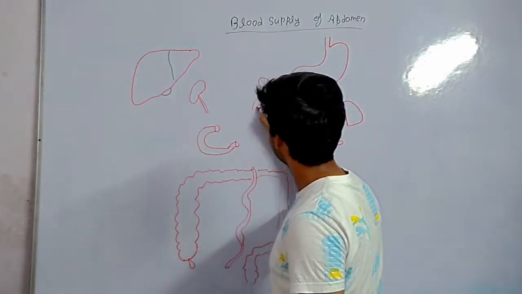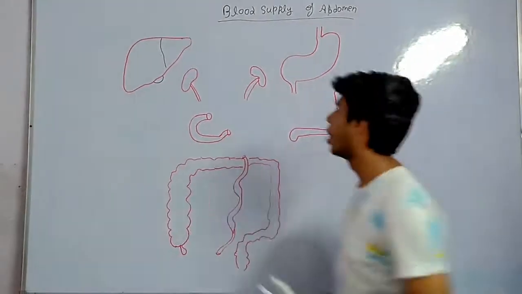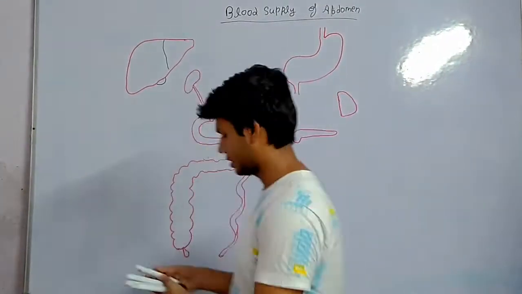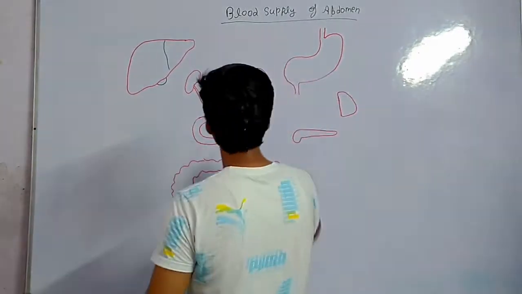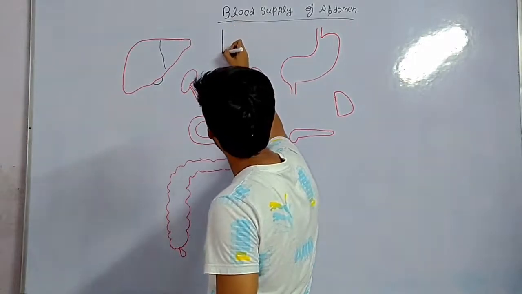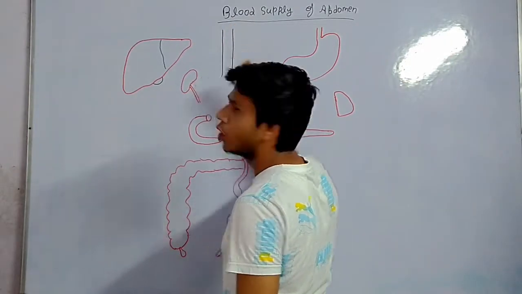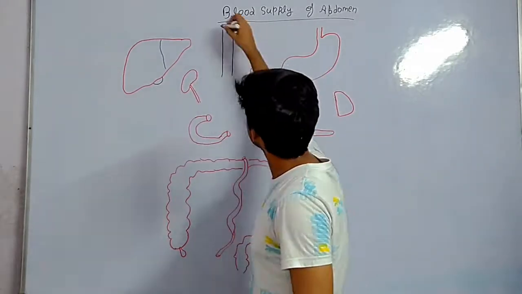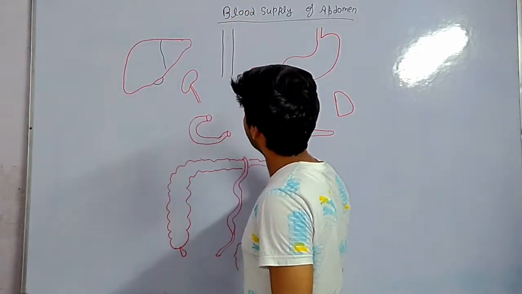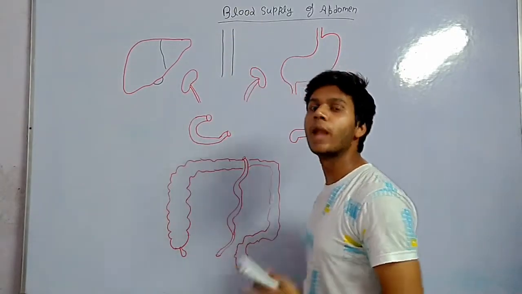So basically these are the organs of the abdomen, and now the blood supply will start. First, in the abdomen there is the abdominal aorta. This is the abdominal aorta. The abdominal aorta gives many branches and supplies the organs.